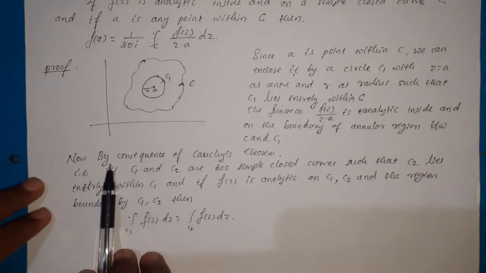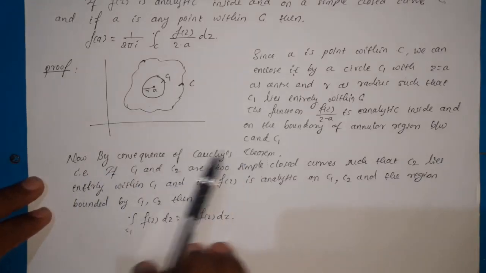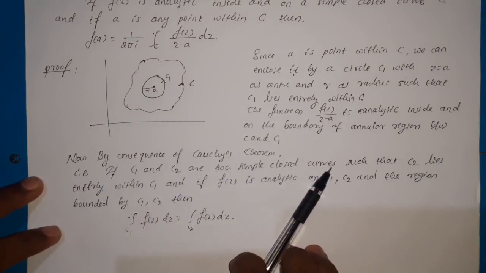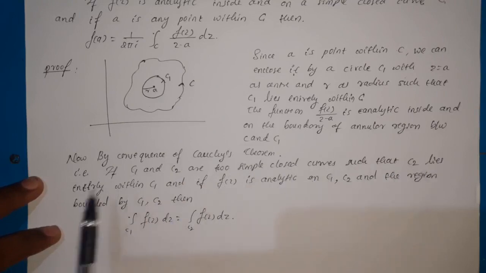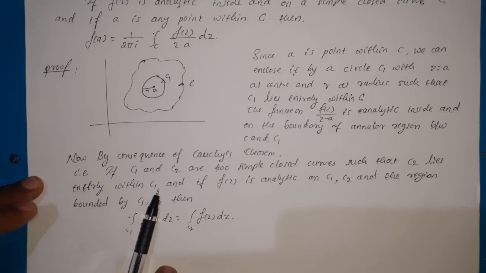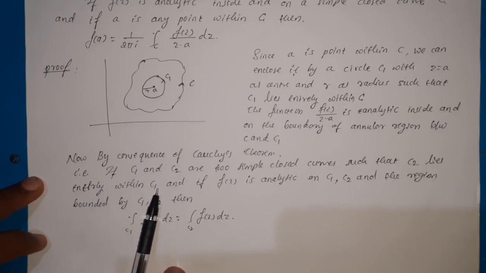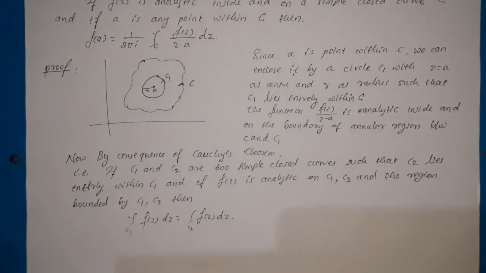By the consequence of Cauchy's theorem, the statement is: if C1 and C2 are two simple closed curves such that C2 lies entirely within C1, and this condition is important, the second curve lies entirely within the first curve, and if f of z is analytic on C1, C2 and the region bounded by C1 and C2, then integration over C1 f of z dz is equal to integration over C2 f of z dz.